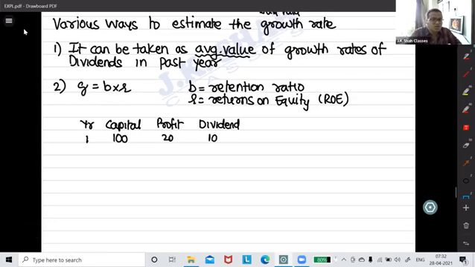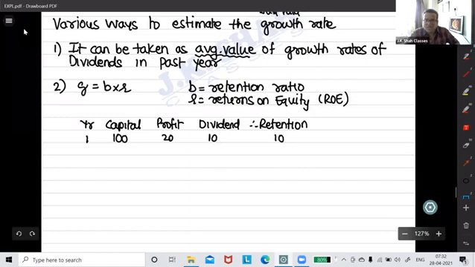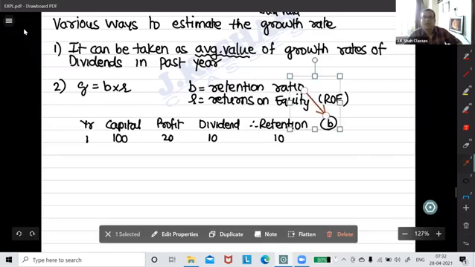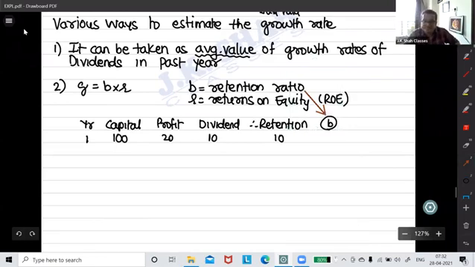So retention is 10. And if I ask you B, that is the retention ratio, can I say it would be 50%, that is 0.5?